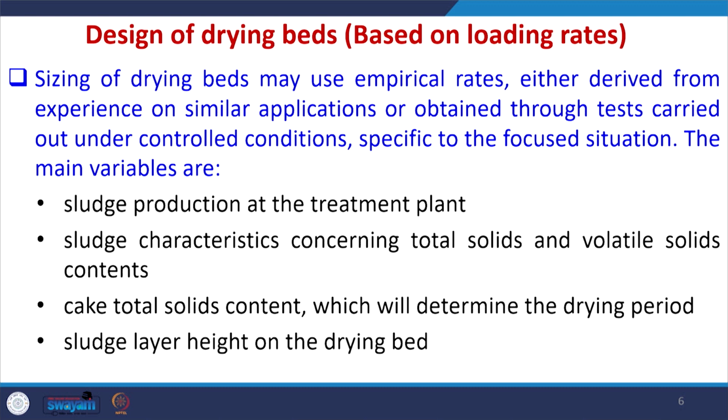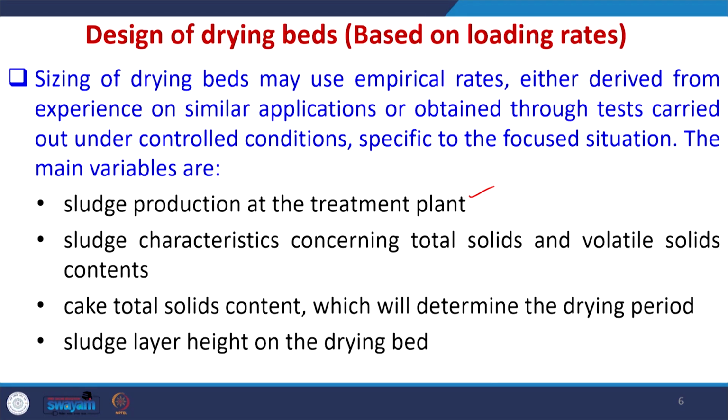The main variables in designing the drying beds are the sludge production at the treatment plant, that is how much amount of primary, secondary, which type of sludge is getting produced and what is the amount. The sludge characteristics also, the total solid content, the fixed solid content, the volatile solid content, what are the percentages of those, that also helps in the design of drying beds.